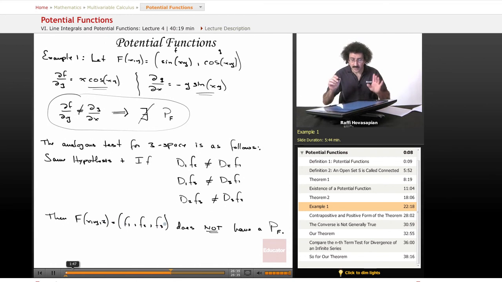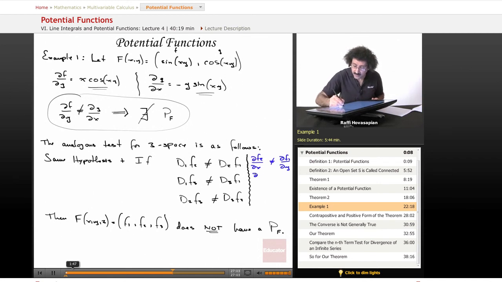Okay? So this looks like, I'll go ahead and write out here, and I'll do this in blue. Let me see if I can get this right. There's plenty of room. I don't need to squeeze it in here. Okay. This is df2 dx does not equal df1 dy.